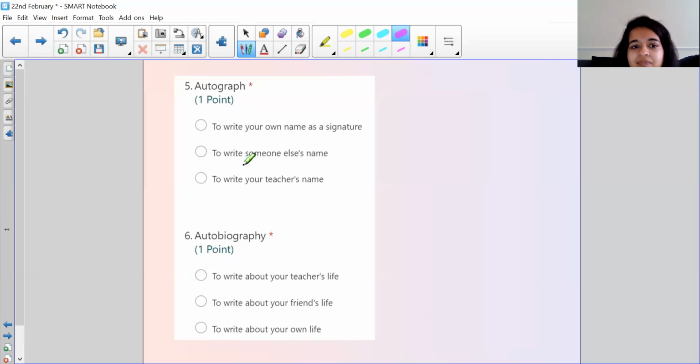And then lastly, our prefix is auto. So autograph. Is it to write your own name as a signature? Now remember, auto means one's self, itself, okay? Your own self. So is it to write your own name as a signature? To write someone else's name? Or is it to write your teacher's name? Okay, an autograph.